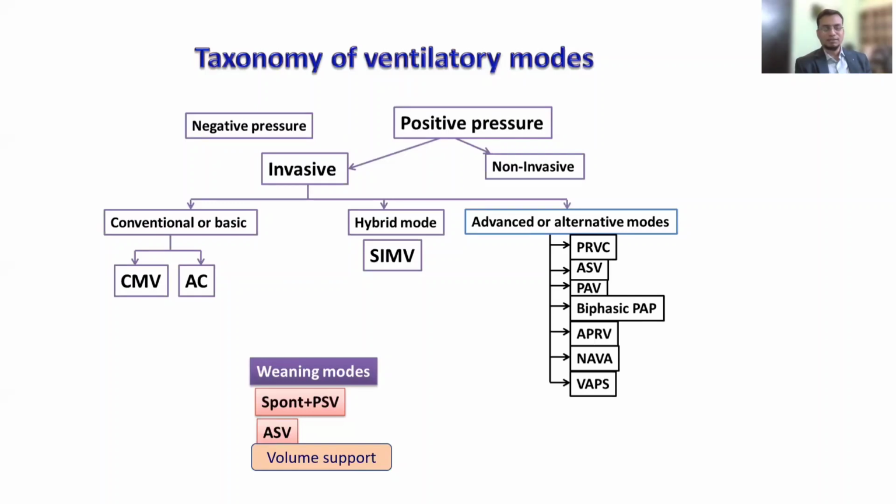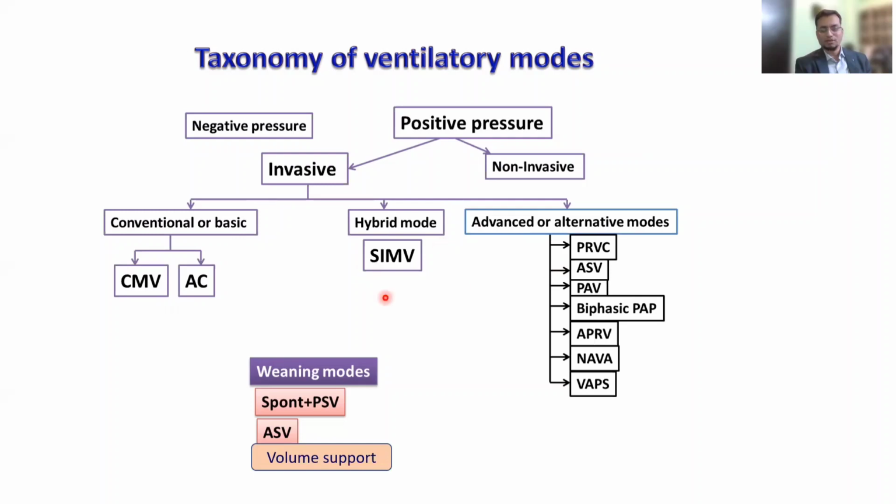There are three categories in invasive modes: conventional, hybrid, and advanced modes. In conventional mode, it can be continuous mandatory ventilation, control mandatory ventilation, or assist control. Hybrid mode combines a controlled or full mechanical breath with an unsupported, or spontaneous, breath.